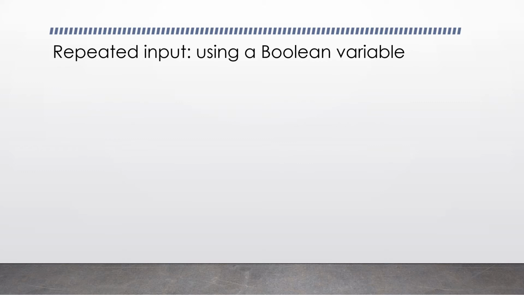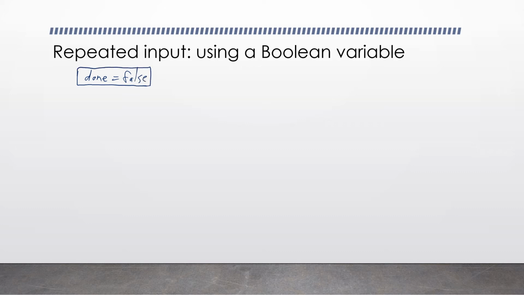Okay, another way to do this is to look for a particular condition on the input, which might also, again, be a sentinel value, but to use a Boolean value to keep track of that, and that way we don't have to do a priming input exactly. So the way this works is we start by setting a Boolean value done equals false.